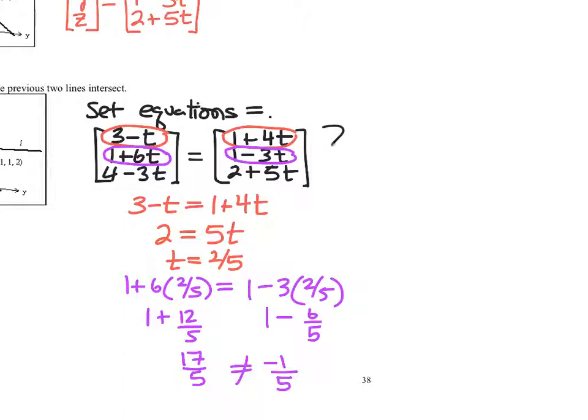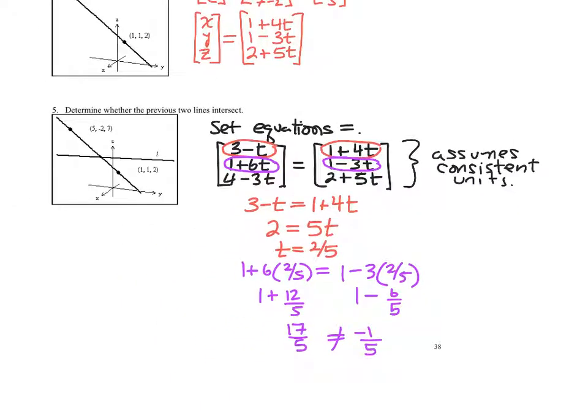All right? So this assumes consistent units. All right, so let's not make that assumption. Let's redefine our system. 3 minus t, 1 plus 6t, 4 minus 3t.